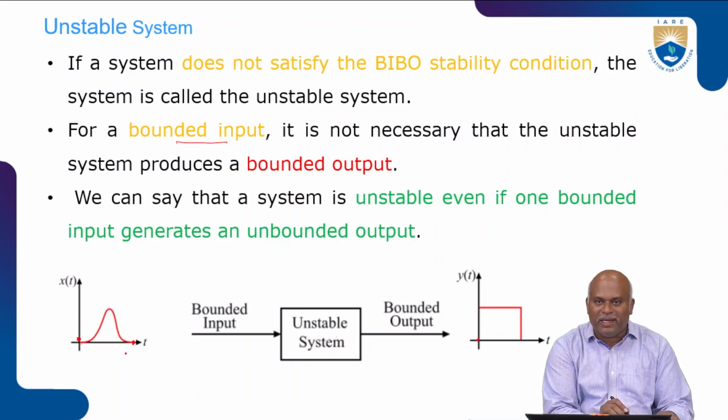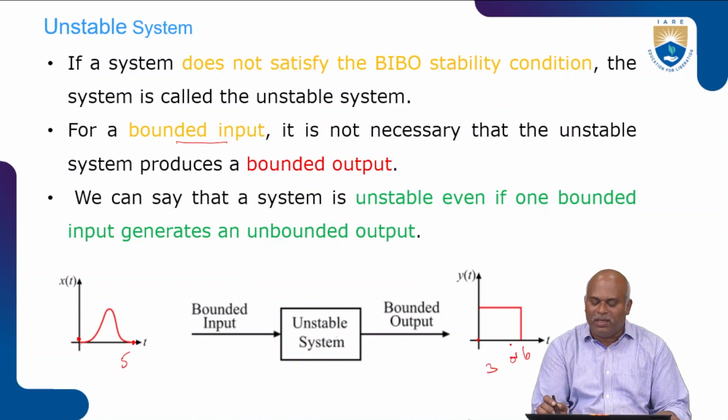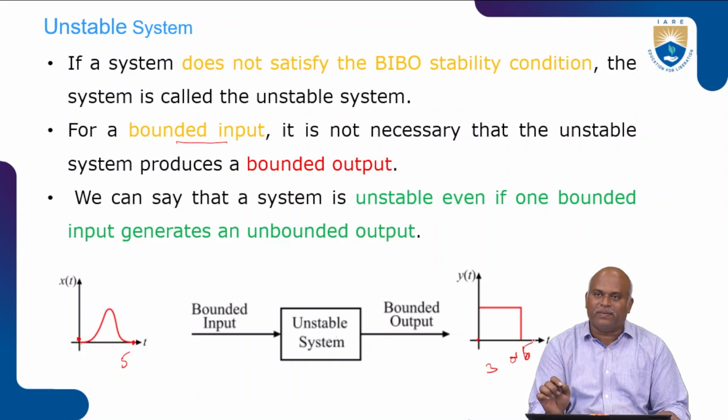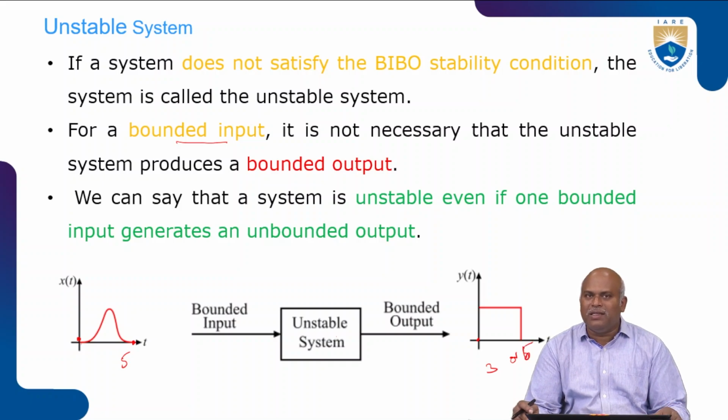Suppose the input response is 5. It may increase to 6, or it may stop at 3. So this kind of system is called an unstable system. But in a stable system, if the input stops at 5, the output is also 5. This is the difference between a stable and an unstable system.